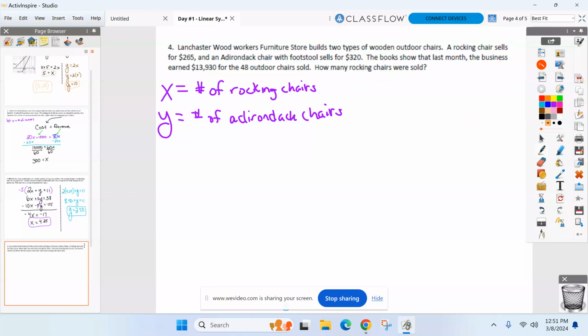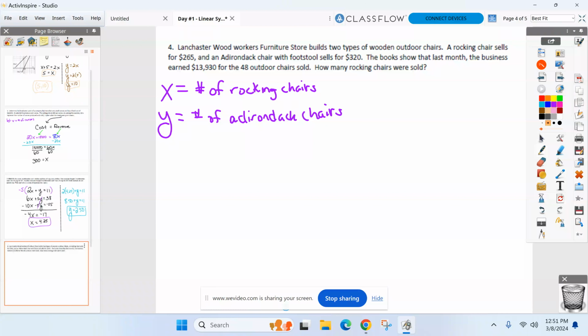All right, you ready for my two equations? I can't stress this enough: when you write the equation, money stays with money. What do I mean by that? 265, 320, 13,930 should all be in the same equation.